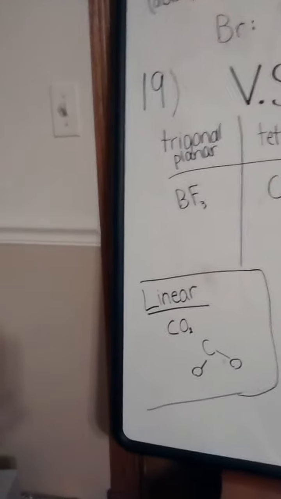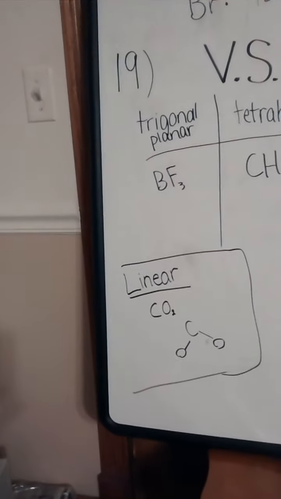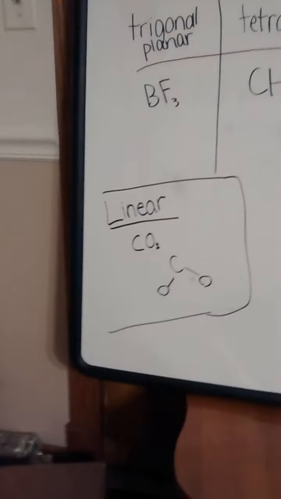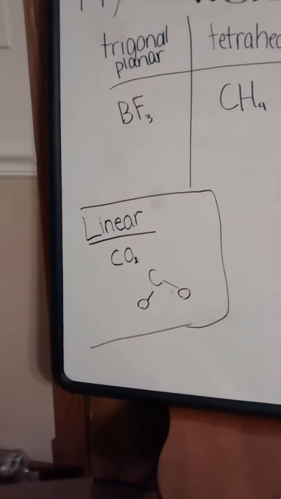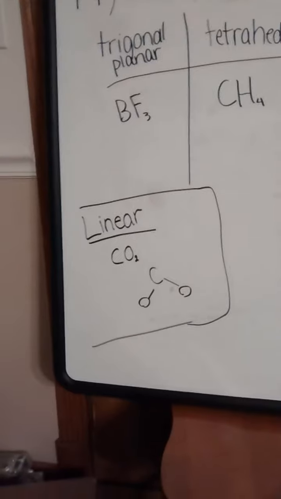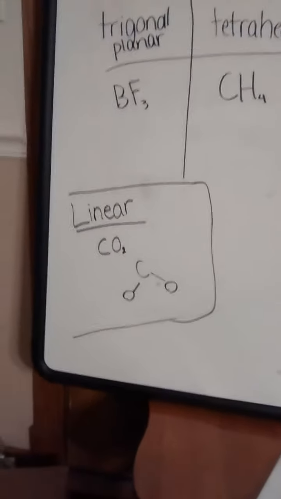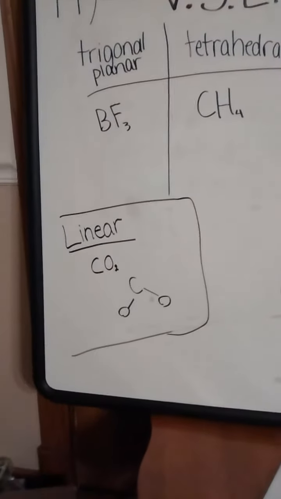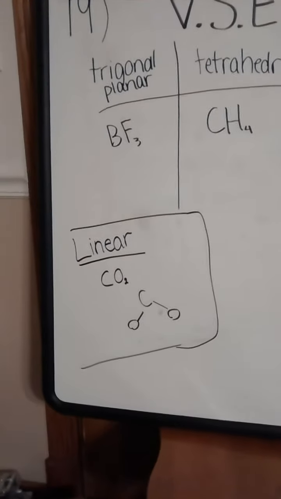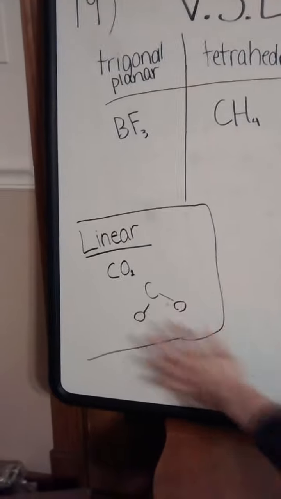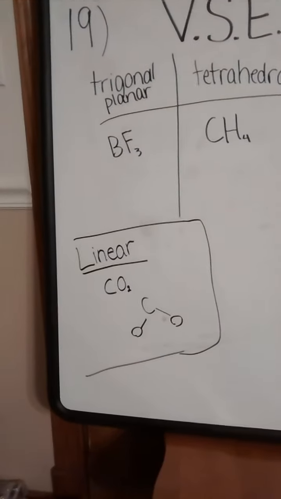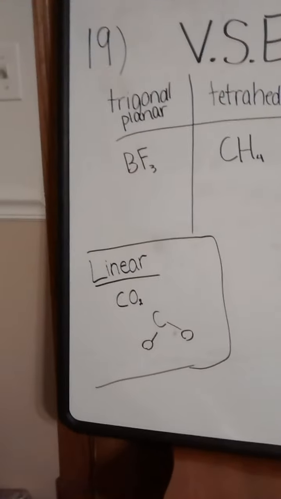And that's pretty simple. I'm going to let you know right now that a straight line means it's just something in a plane. A triangle means it's coming out of the plane, it's coming at you. And dashed lines means it's going backwards behind the plane. So these are all on the same plane. It's just C and 2 oxygens.